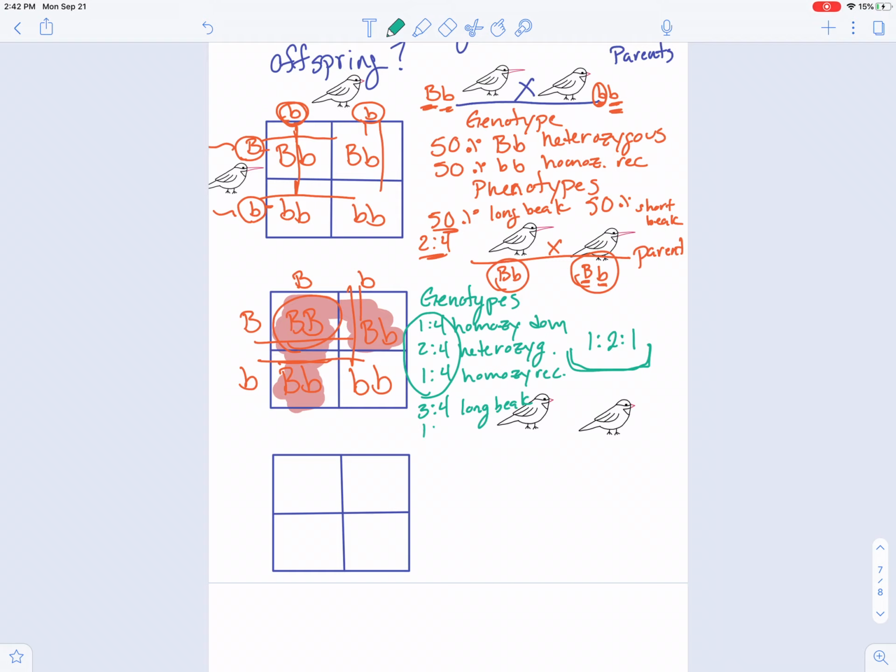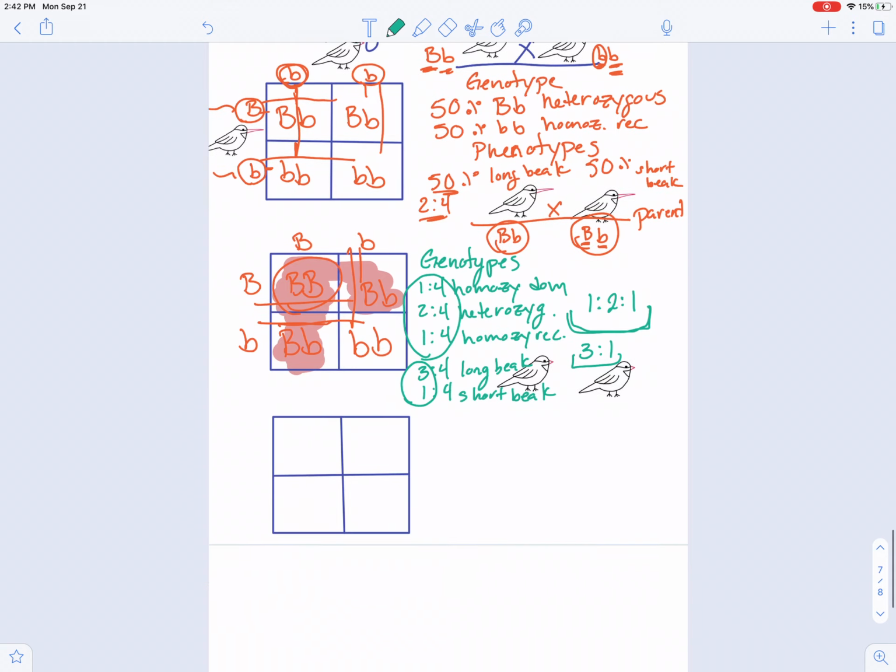And only 1 out of 4 of them have a short beak. So I could write that ratio as a 3 to 1. 3 to 1 of them have a long beak as opposed to a short beak. All right, so that's just another way to write the same information.